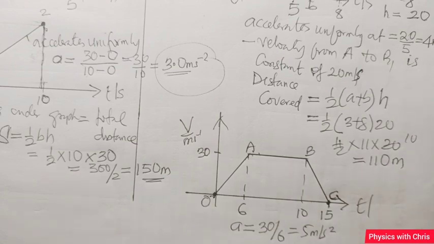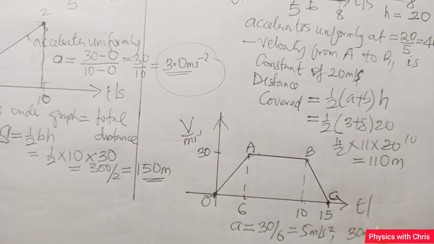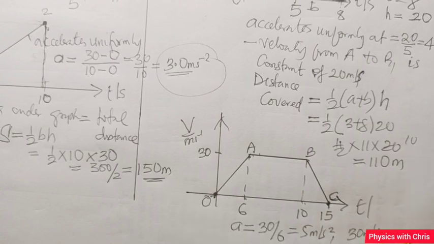You can see here. And then between this point and this point, for the next 4 seconds, the body maintains the maximum speed attained. That is, it maintains a maximum speed of 30 meters per second for the next 4 seconds.